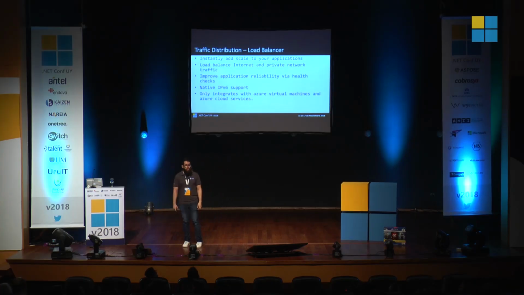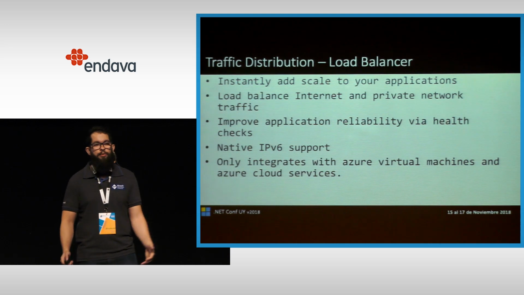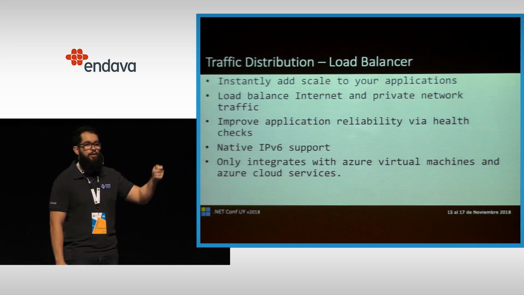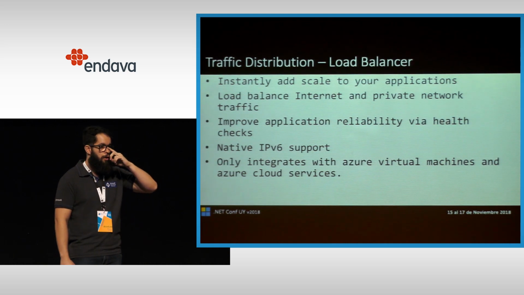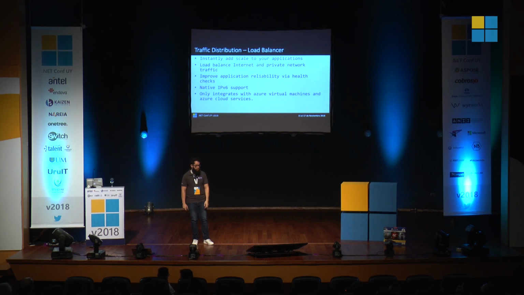Okay. About load balancers, it's the easiest way to scale up applications. You put a load balancer, you get an IP, you redirect your website to that IP, and you can distribute traffic across your websites and virtual machines. Okay, it's very easy.